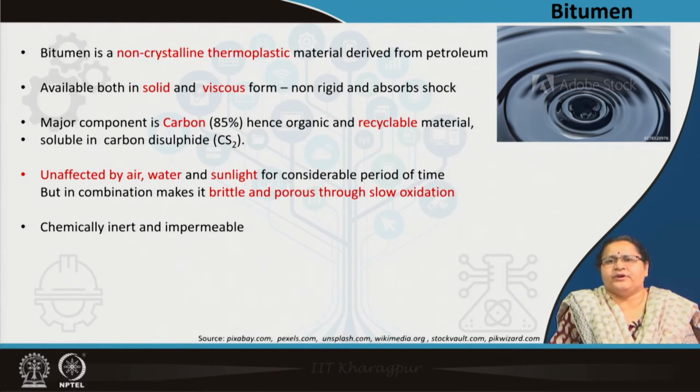But we always have seen on road a black jet color material being heated and being applied on road or being mixed with aggregates and being spread on top of the road to have a layer on top of the road.